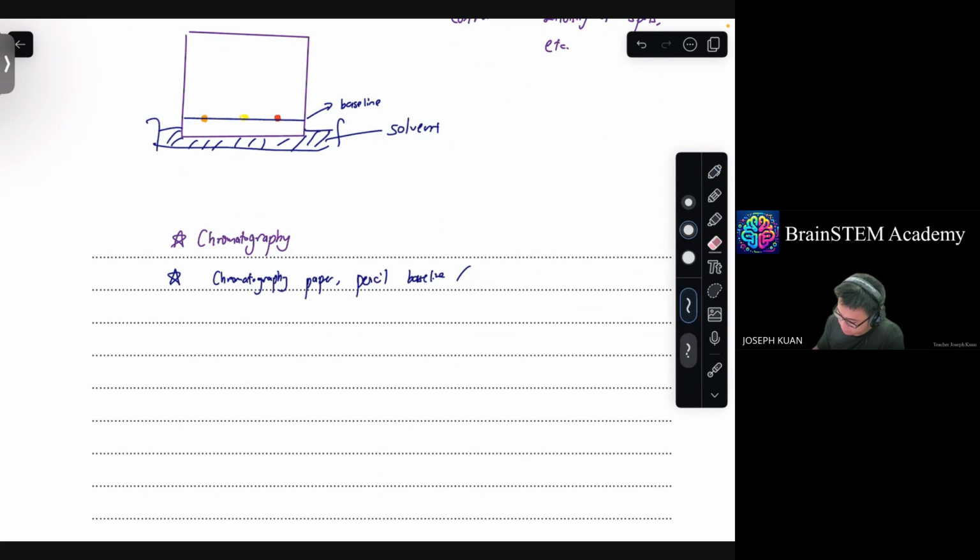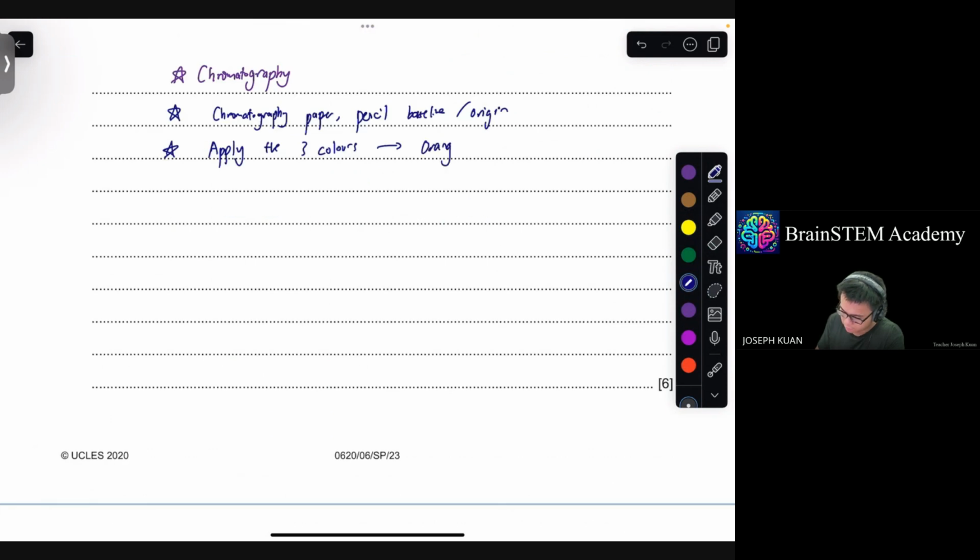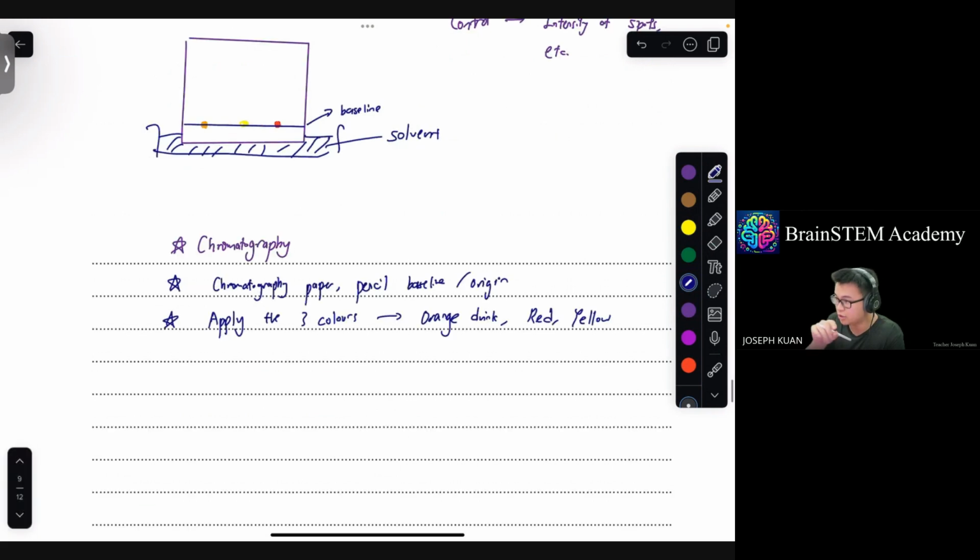Then you apply the three colors: the orange drink, the Allura Red, and also the yellow. Make sure you write in full. Don't be like me, I'm just writing it as a rough idea.